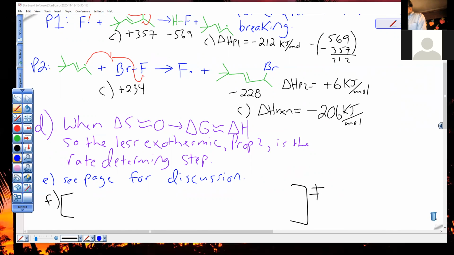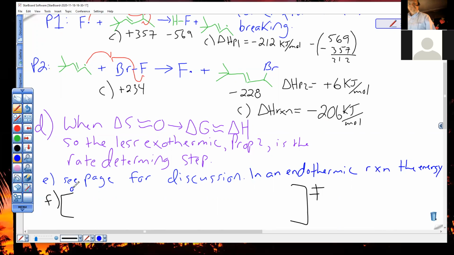In an endothermic reaction, the energy of the TS. What's TS again? Oh, transition state.